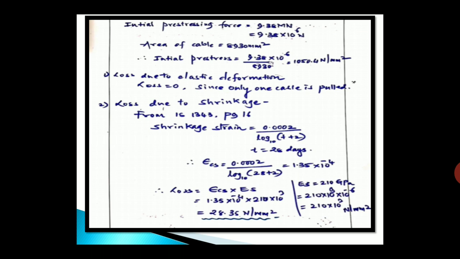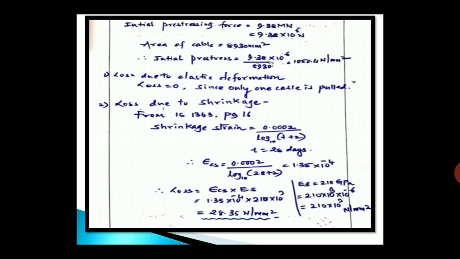Now this is an important value in our analysis. This is the initial prestress applied, which is initial prestressing force upon area. Please mark it. It will be further required during the example.